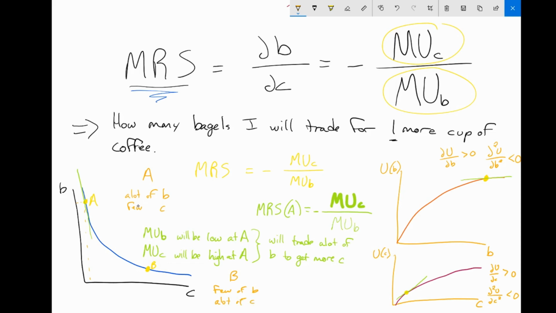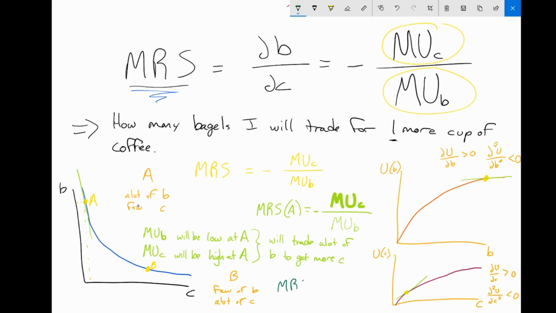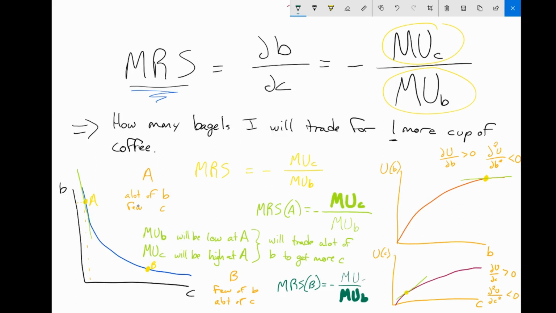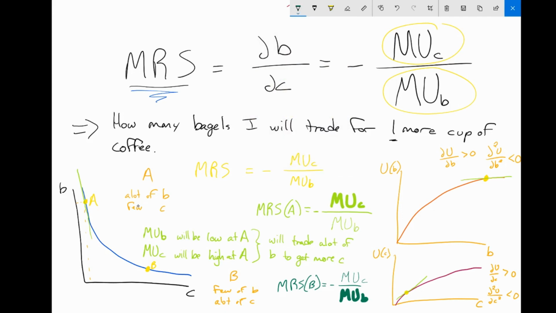That means that the marginal utility of bagels will be very high, and the marginal utility of coffee will be very low, which means the marginal rate of substitution at point B will be equal to, marginal utility, I've got it backwards. All right, the marginal utility of B will be very high, while the marginal utility of C will be very low.